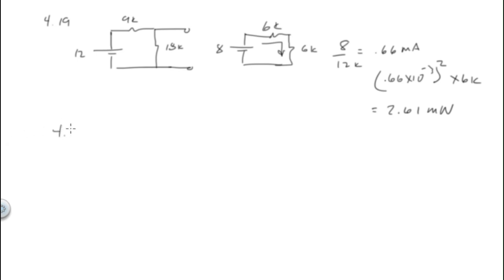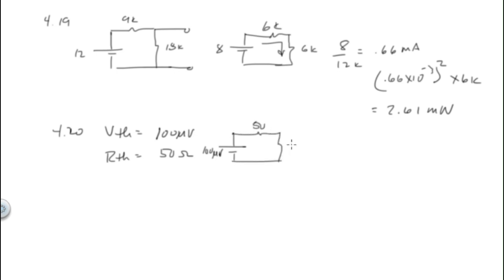Okay. Number 20 is an antenna, and for an antenna, V Thevenin is equal to 100 microvolts and R Thevenin is equal to 50 ohms. Find the maximum load power. So here we have 100 microvolts. We have an R Thevenin of 50. We have a load of 50.